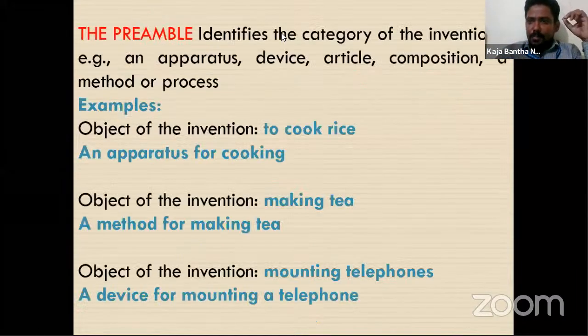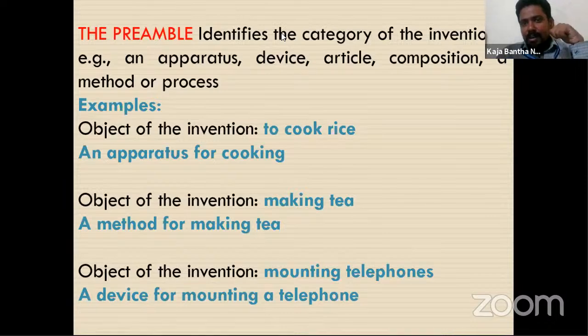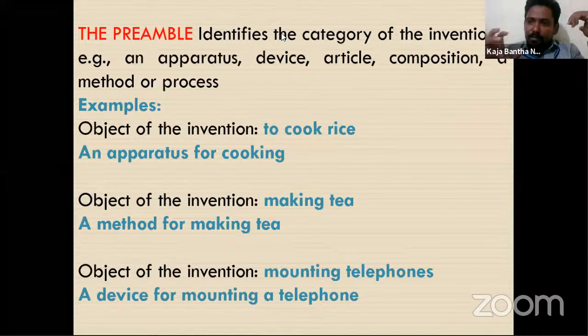For example, you are making a cooker: your objective is to cook rice, and the claim is an apparatus for cooking. If your objective is making tea, the claim is a method of making tea. Mounting telephones: a device for mounting a telephone. Yes, note it.